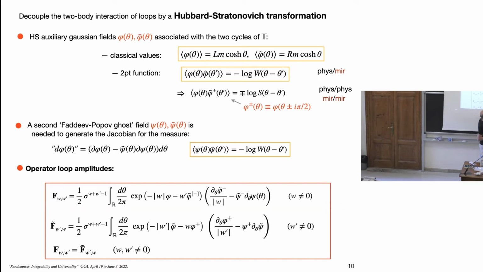And also the integration measure contains all the derivative of phi and the bilinear combination of the ghost fields. It smells of supersymmetry. Actually, in the TBA limit we have supersymmetry, but not in the general case.